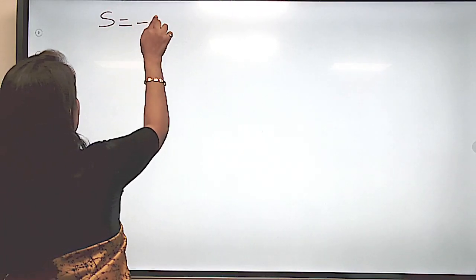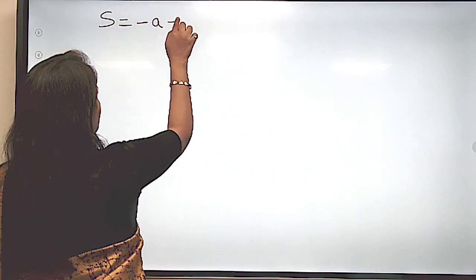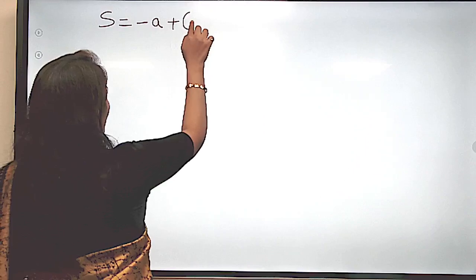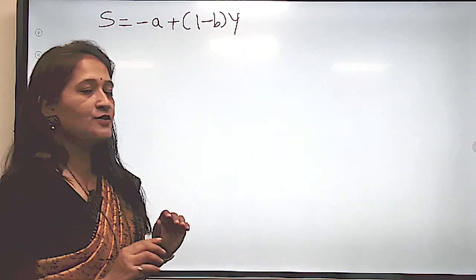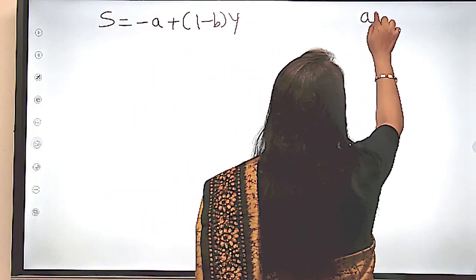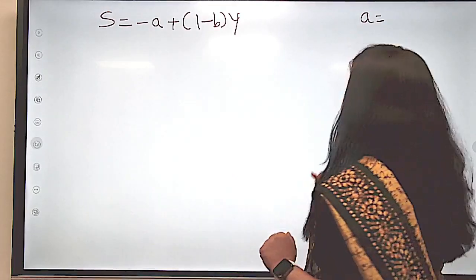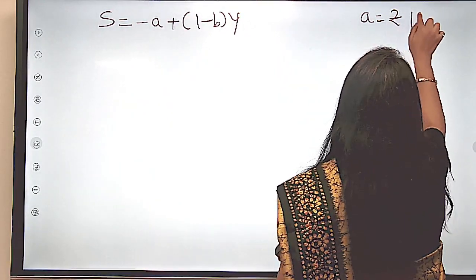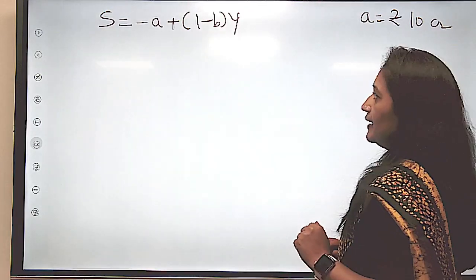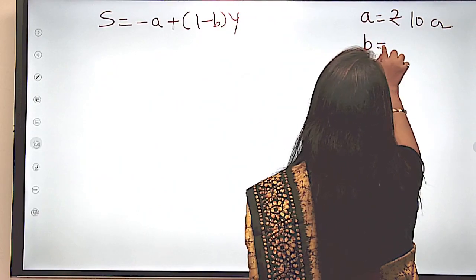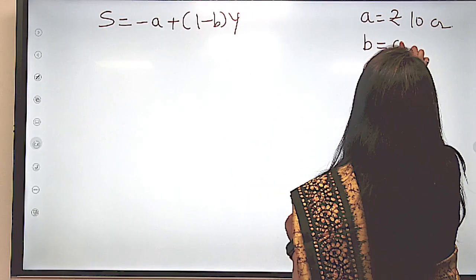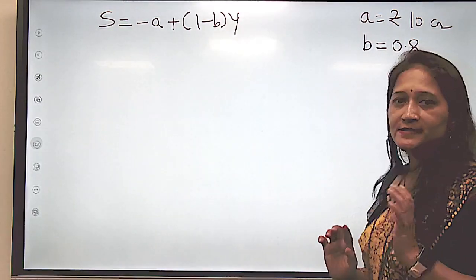I'm just noting down the saving function as S is equal to minus A plus 1 minus B of Y. Let's assume that the autonomous consumption expenditure of the country is, let's say, rupees 10 crores, and the value of MPC, that is additional consumption from additional income, is, let us say, 0.8 or 80%.